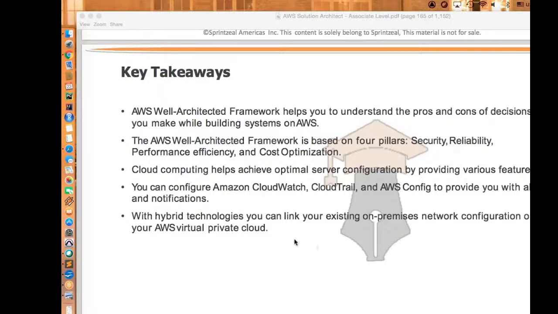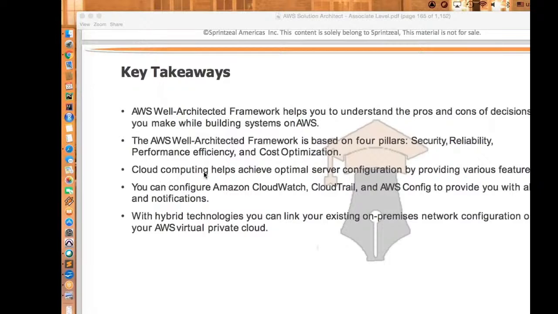Okay, so we talked about architecture frameworks and how they help, and the pros and cons of taking any decisions while you're designing or building a system on AWS. The architecture framework also has four pillars like security, reliability, performance efficiency, and cost optimization, at the initial slides.